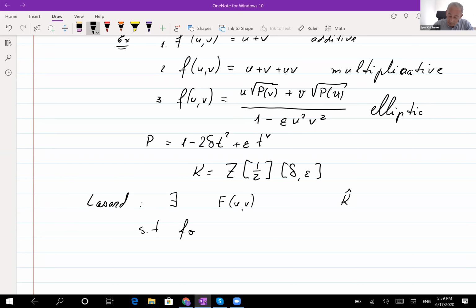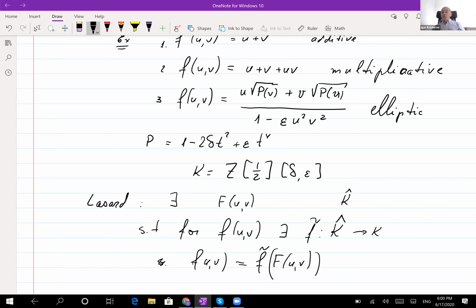for any F of UV, so for any formal group, there exists a homomorphism, let's call it F tilde, from the ring of this universal Lazard ring to the ring of your formal group, such that F of UV is F tilde applied to the universal F of UV.